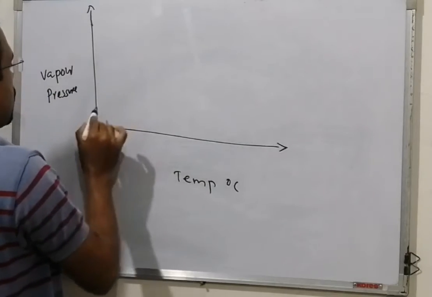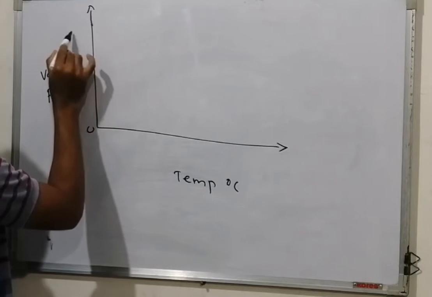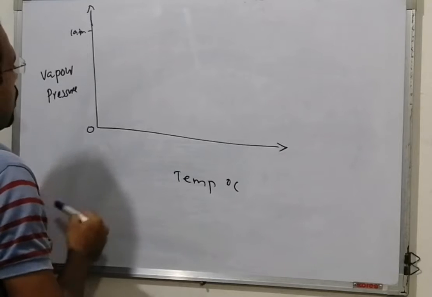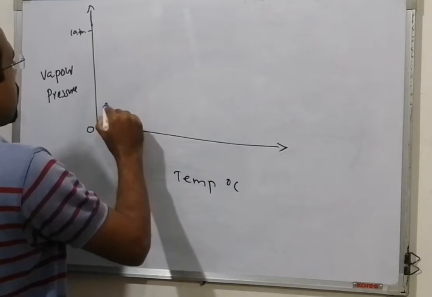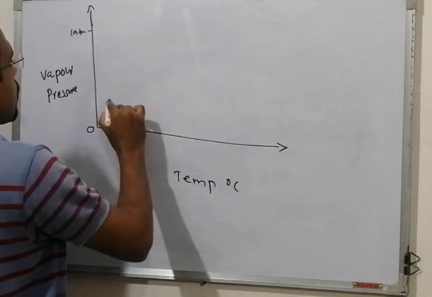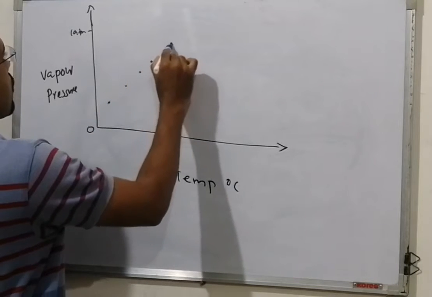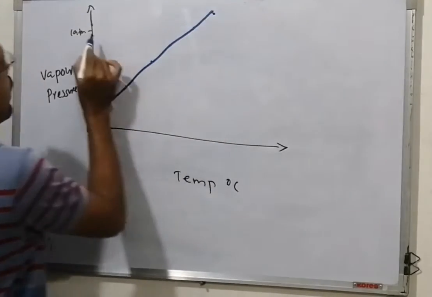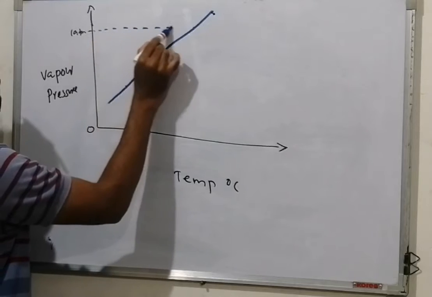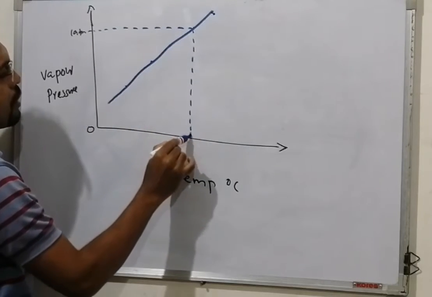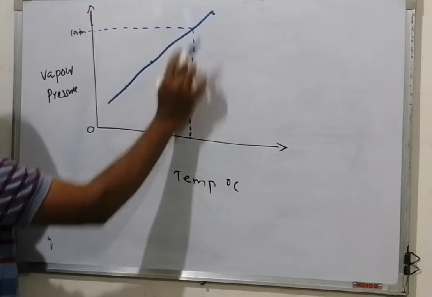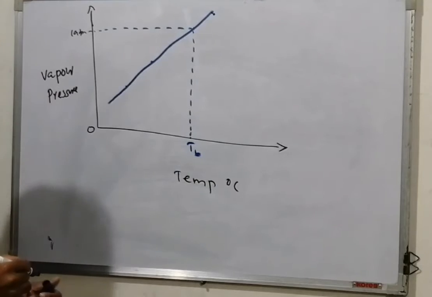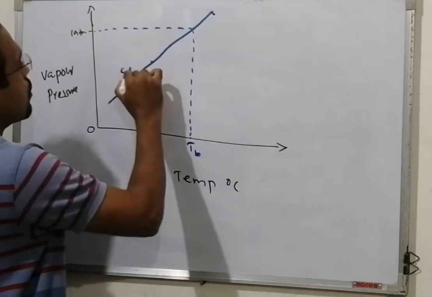Suppose this value is 1 atm. For the pure solvent, as temperature increases, vapor pressure increases like this. This point is where the vapor pressure equals 1 atm. This is the temperature at which vapor pressure is equal to 1 atm, so you can call it Tb, the boiling point of the pure solvent. This is the solvent.